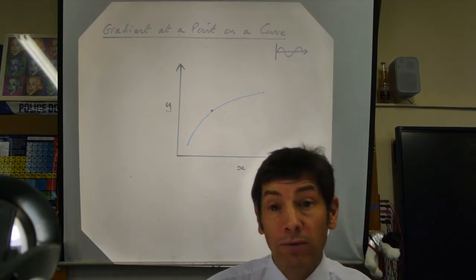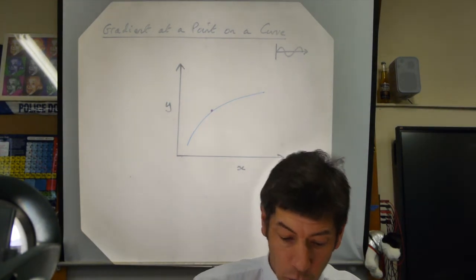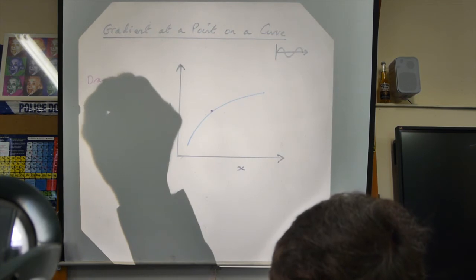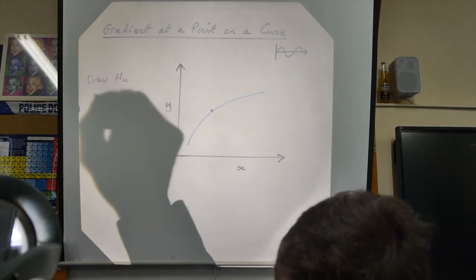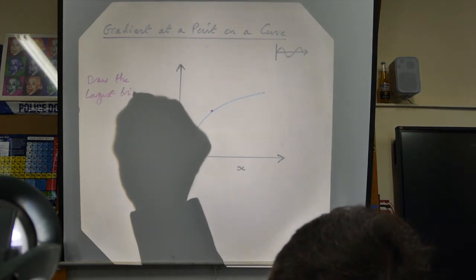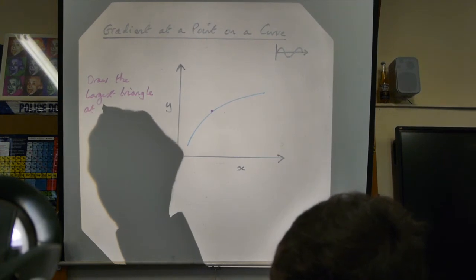Well, the rules for doing these are pretty much identical to what we've done already. It's a case of draw the largest triangle you can. But this is at the point.